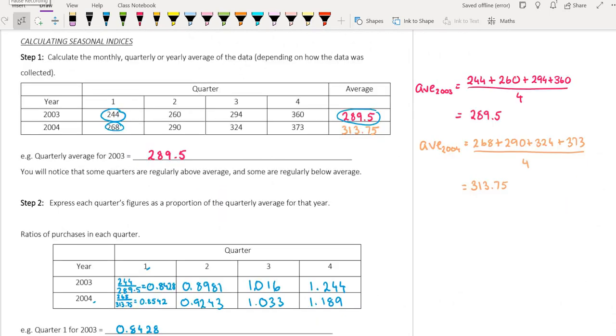So here's how we calculate the seasonal index. The first thing we do is we average out each year. So we add all of these together, divide by 4, and that will give us this value. And then we add all of these values, divide by 4. That gives us the average of this year.